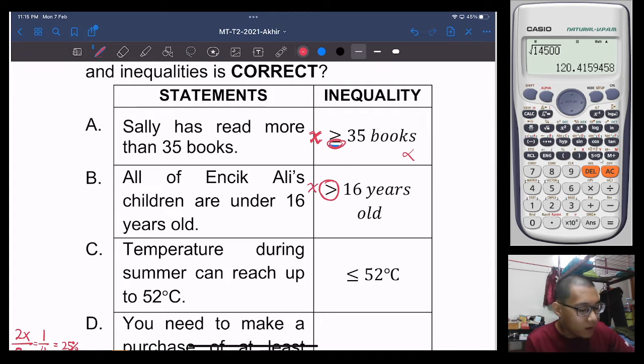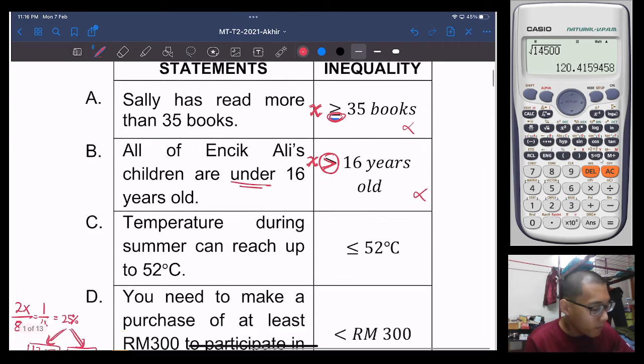Now what's the meaning of this? X is more than 16, right? X is more than 16, that means it's above. Just now we wanted below, under 16 years old, which means 15, 14, like you, like me. No, this is already more than 16. So this one is incorrect.